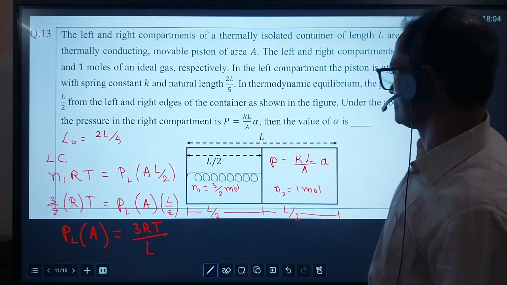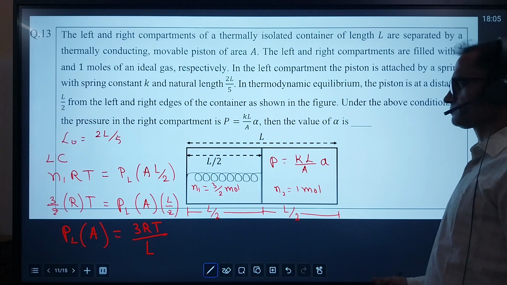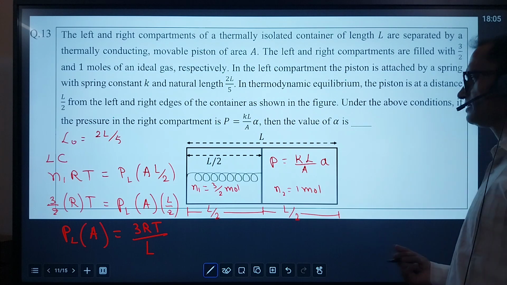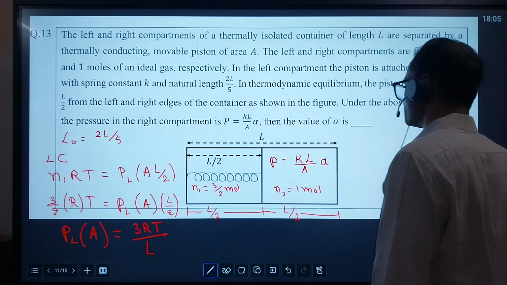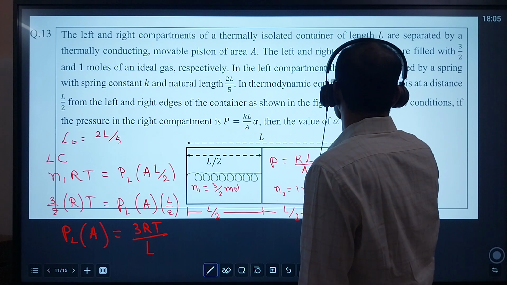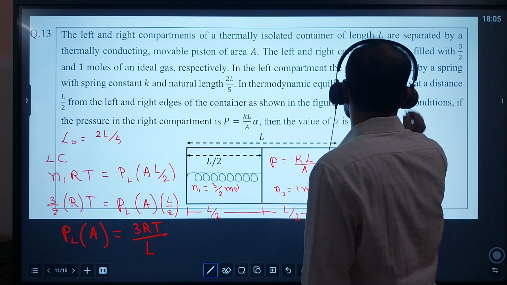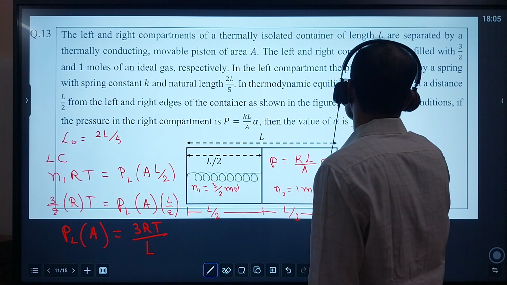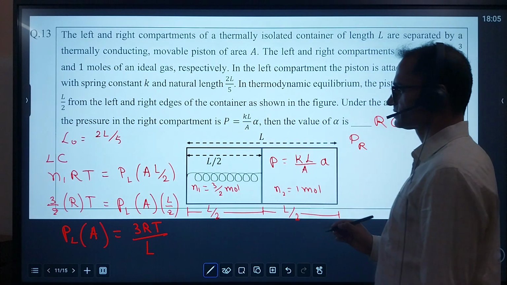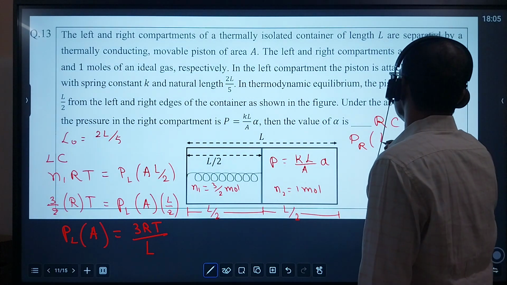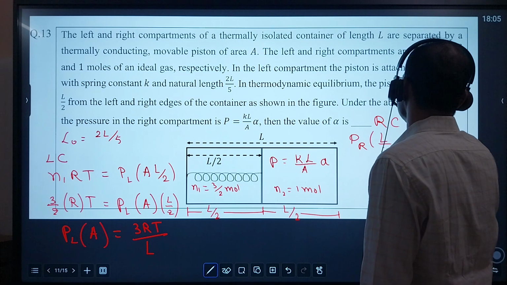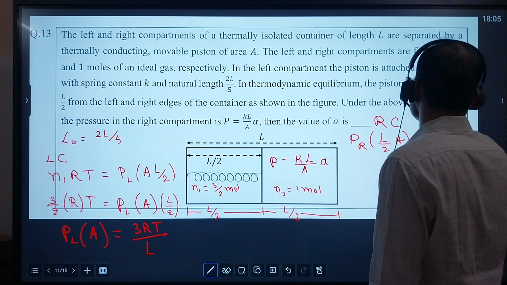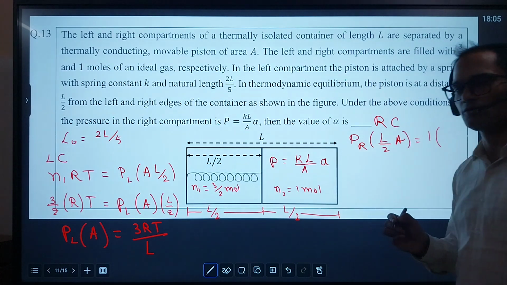Now let us find PR. For the right compartment, I will write PR, the pressure on the right side, times the volume of the right side, equals the number of moles on the right.